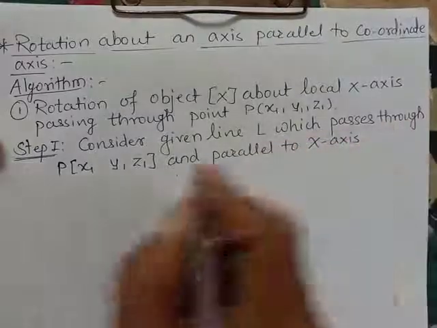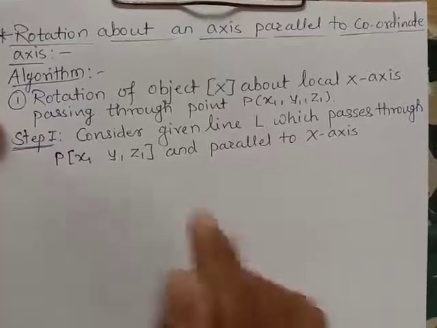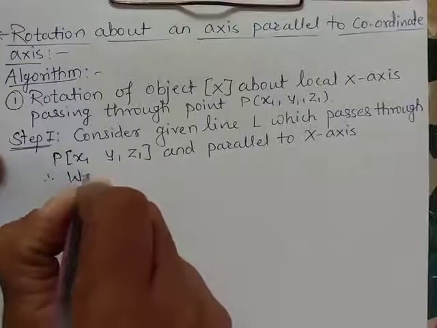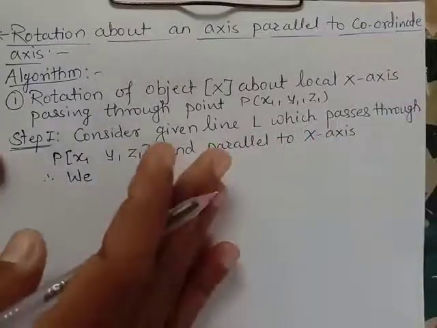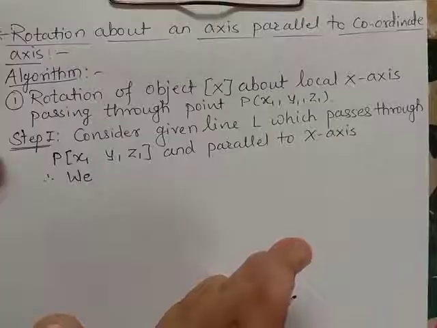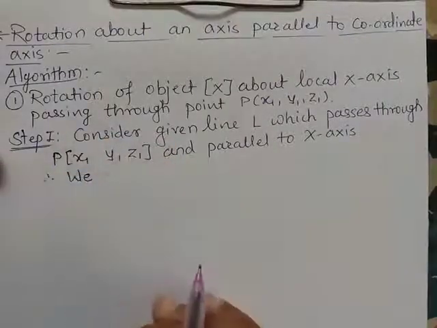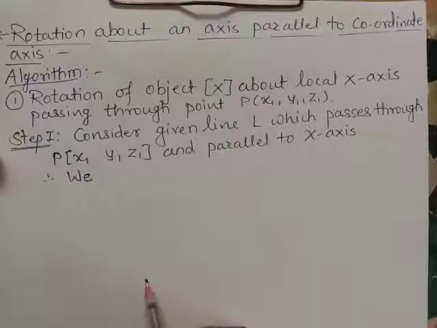Suppose a line L passes through this point and it is parallel to the x-axis. While rotating, first of all, as this line is parallel to the x-axis, let us make it coincide with the x-axis. If we translate this point, then it will coincide with the x-axis.